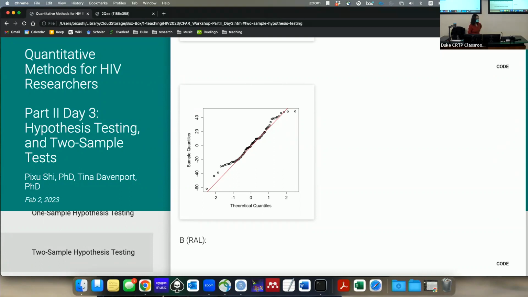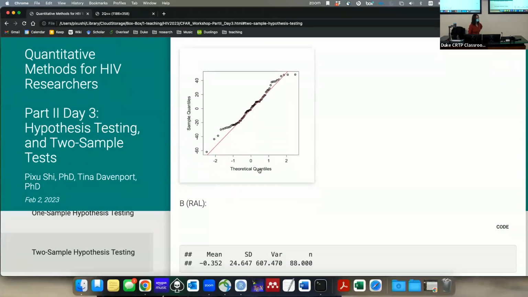Would you say you would always first look at the QQ plot, and in what case would you actually try to use the test? I barely use the test. Yeah. Okay, so as long as it looks like a straight line. Yeah. Yeah.